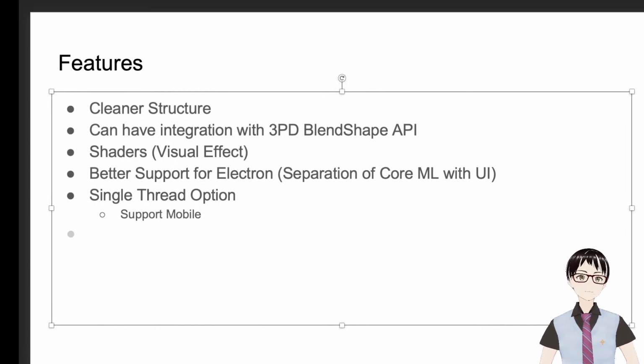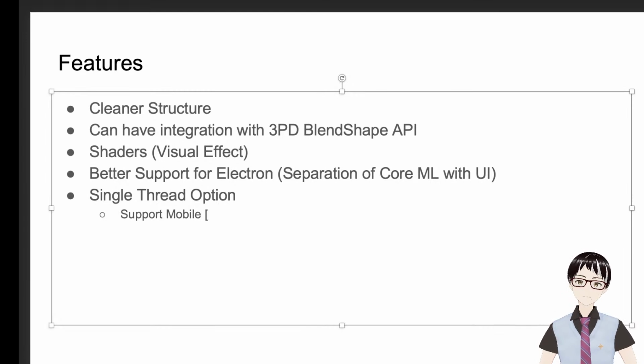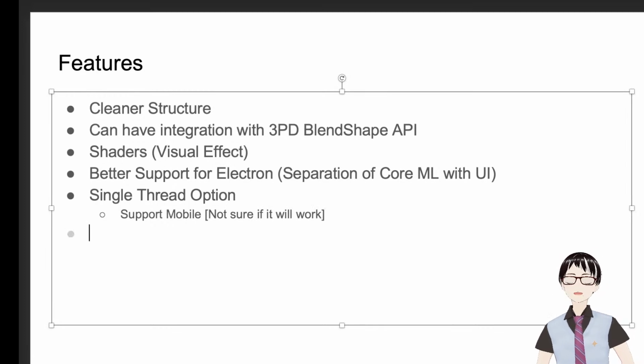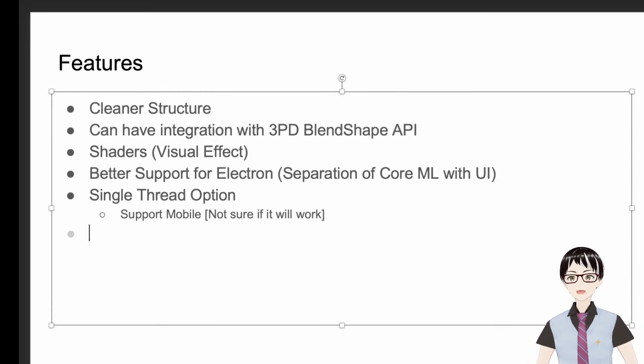So if we have single thread, I think it's possible that we run it on mobile. So yeah, single thread option, another part, but I still have to check. Not sure if it will work, but yeah, we can check support mobile and single thread support mobile.